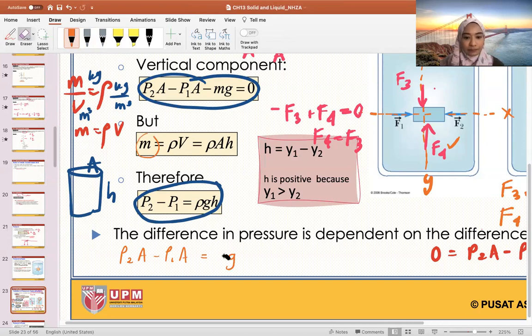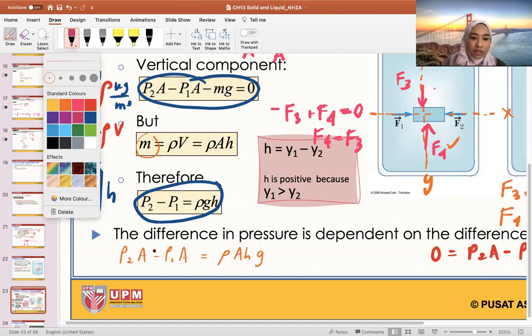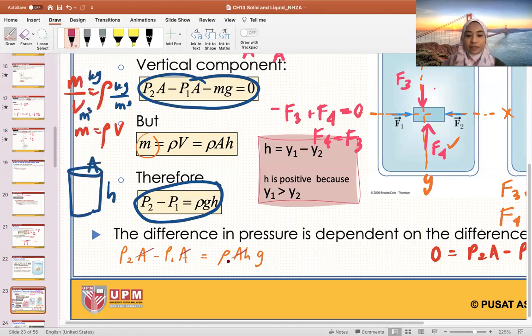Okay, let me do that. Rho, which is density, AH times G. Okay, sebab mg equals to mg tadi. So now we can cancel out A. Boring je sebenarnya. Cancel out je pun. Okay, so sekarang we have P2 minus P1 equals to rho HG. This is our final equation.